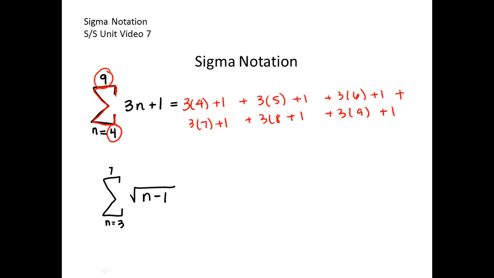Then I'm going to add all of these together and sum to find a final answer. I'm going to add all the single ones together, 1, 2, 3, 4, 5, 6, so I know I'm adding 6 single ones. Then I've got 3 times 4, which is 12, and 3 times 5 is 15, 18 from 3 times 6, plus 21, plus 24, plus 27.